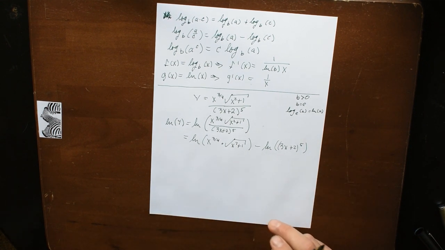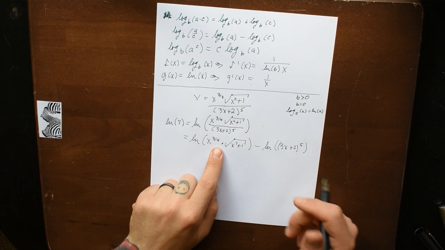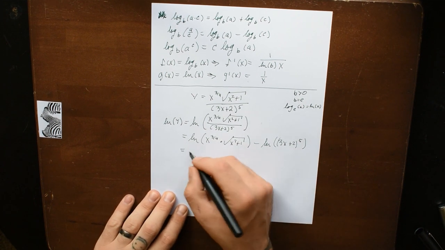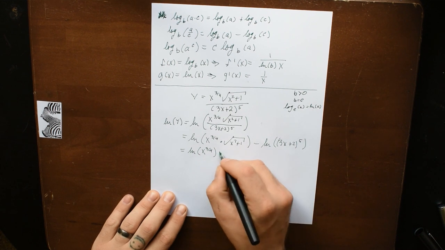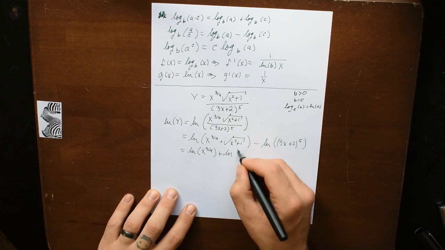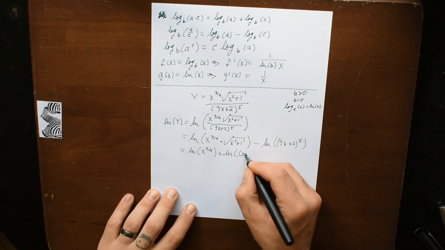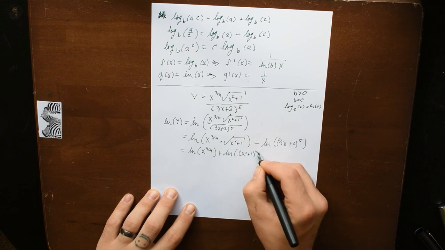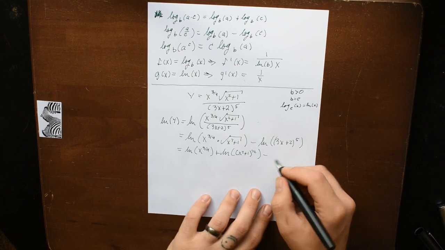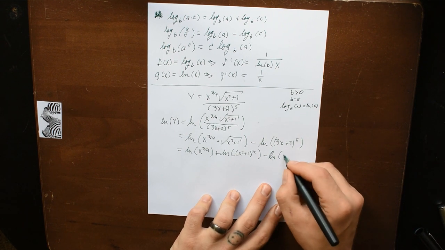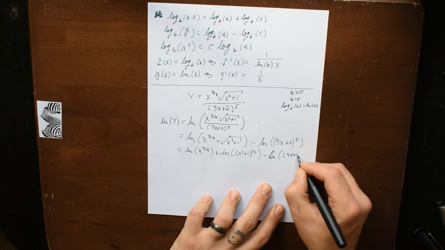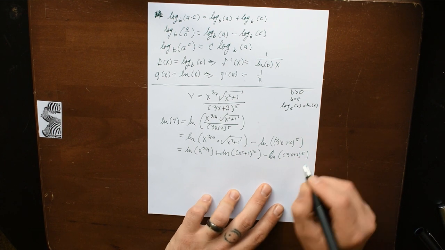Now I'm going to break this up at multiplication: equals natural log of x to the 3/4 plus natural log of, and I'm going to call that, x squared plus 1 to the 1/2, minus the natural log of 3x plus 2 to the 5th.